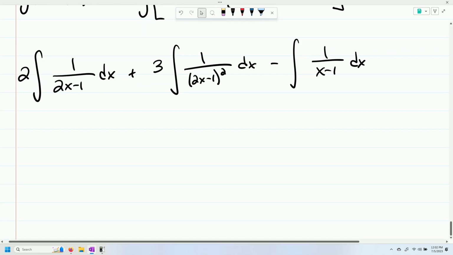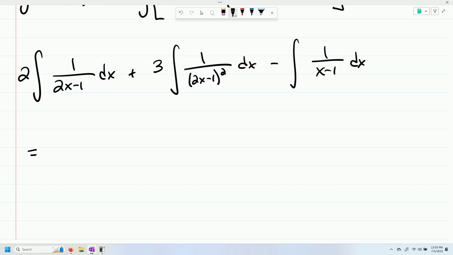And going from left to right, we get the natural log of 2 over 2 times 2x minus 1. All right, you have to use u substitution here. The 2 is from the 2 out front, and then 1/2 when you use u substitution, so that's going to reduce.